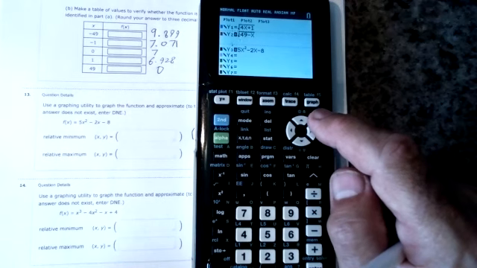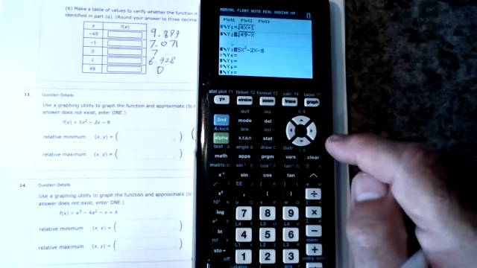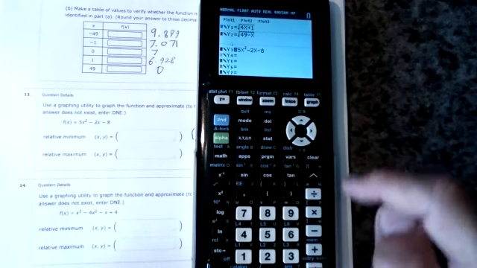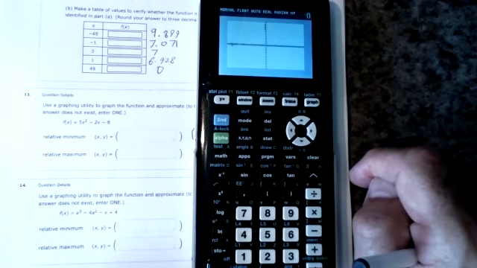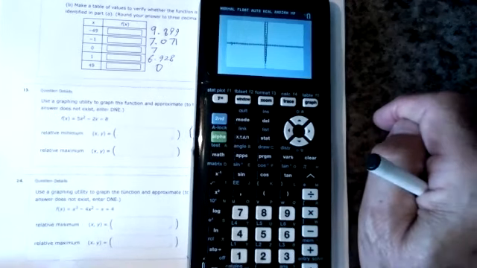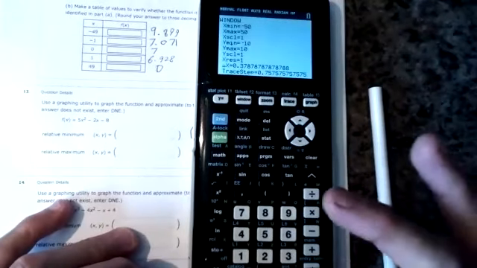So if I don't want to show the other one here, let's see how it goes. Okay, let me change the window here. Make it minus 10.